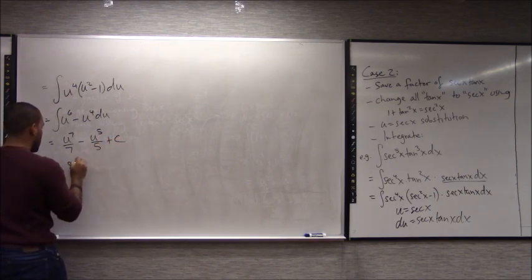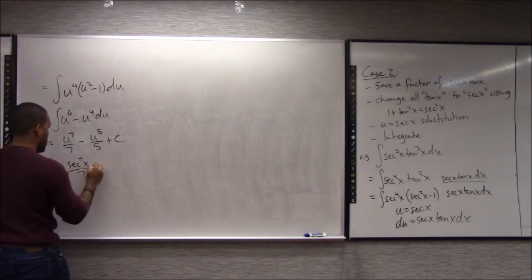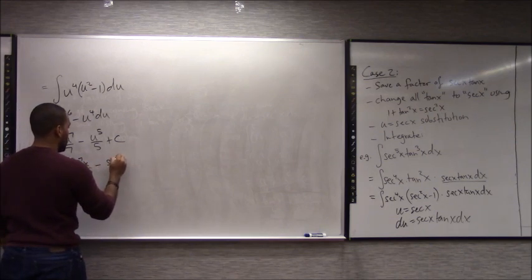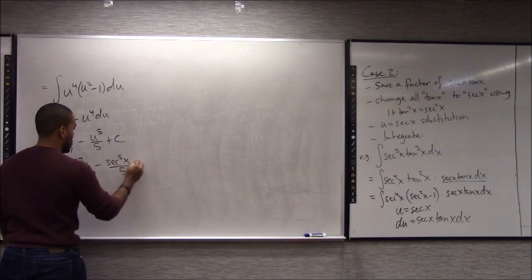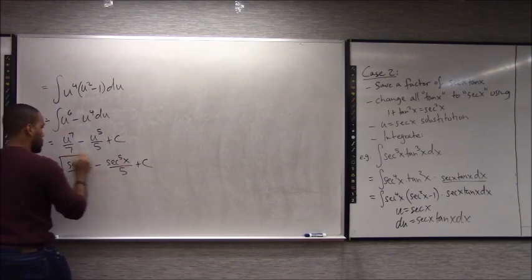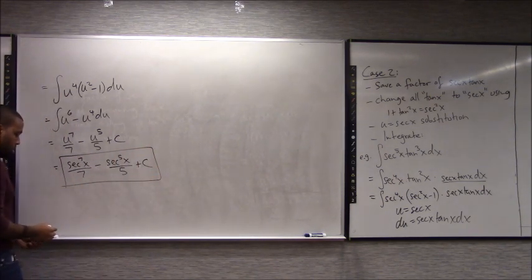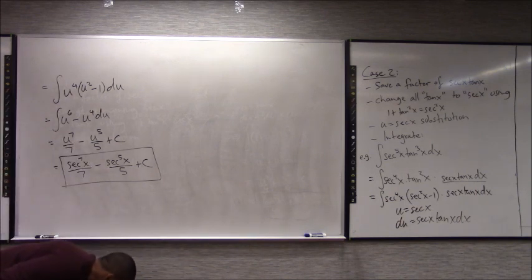So secant to the 7th x over 7 minus secant to the 5th x over 5. That's the integral of that.